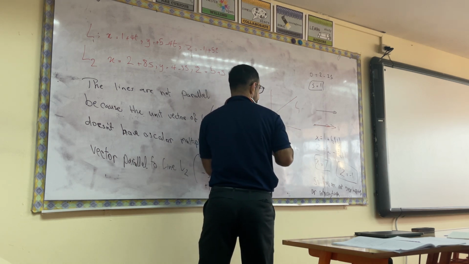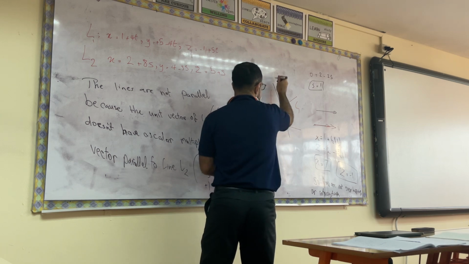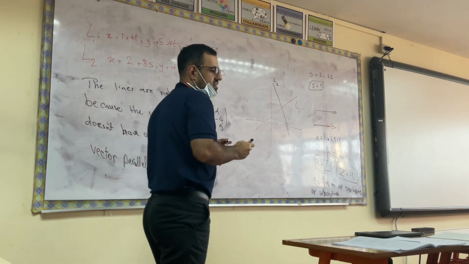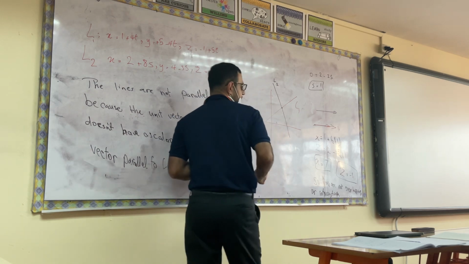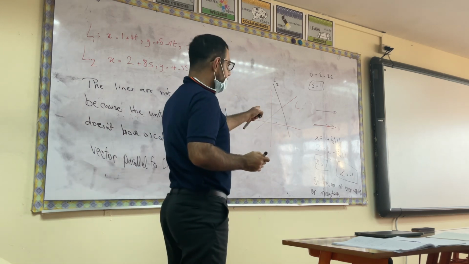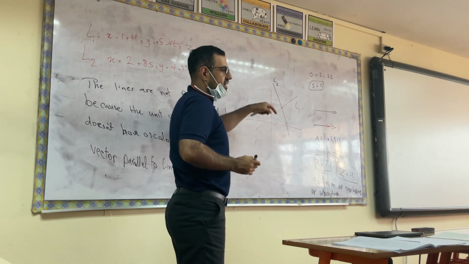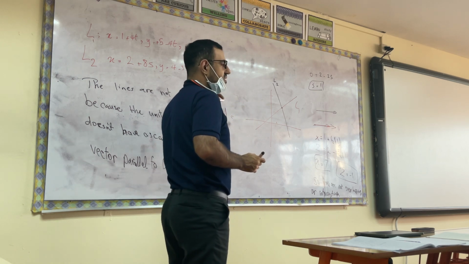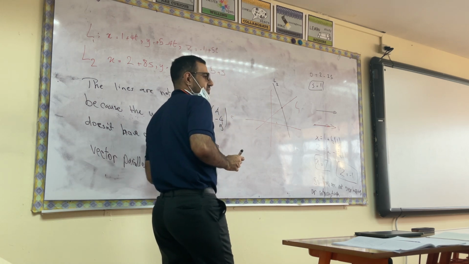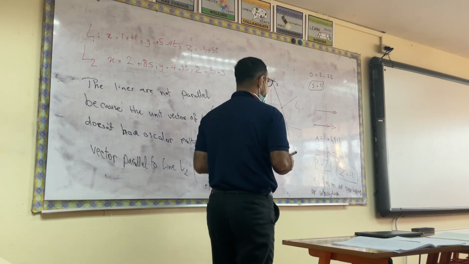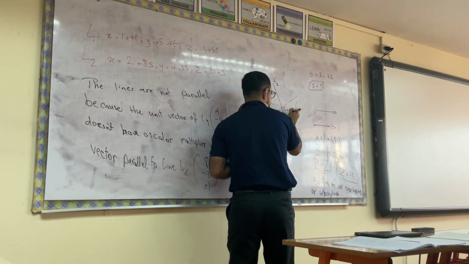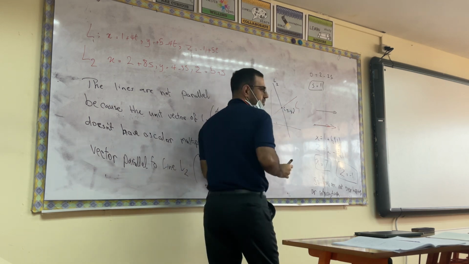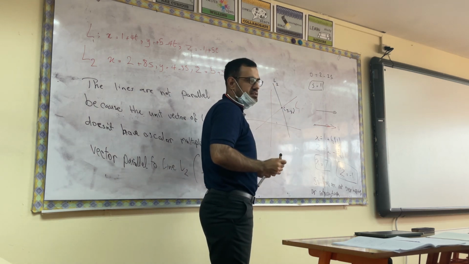Now we'll talk about 2D. When L1 and L2 intersect, I will have the same coordinates, the same x and y at line 1 and line 2.